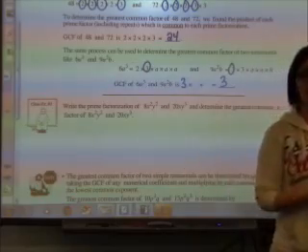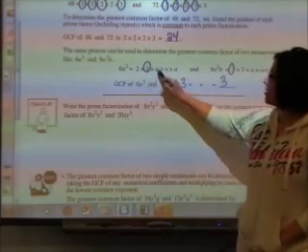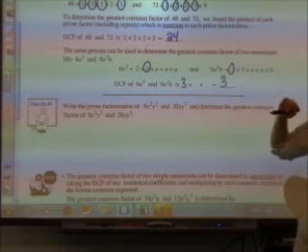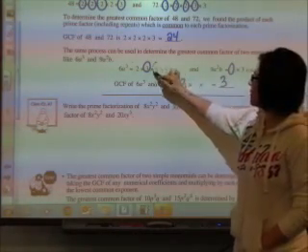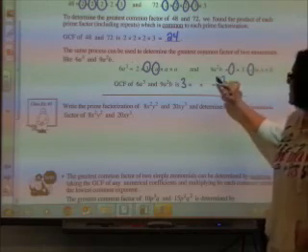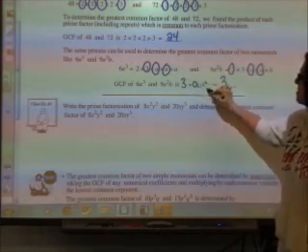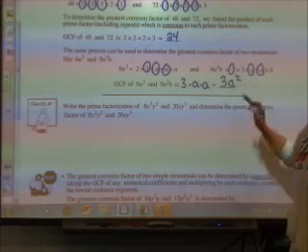Then I look at the letters. A cubed is a times a squared, a times a, and b. So when I look at what they have in common for letters, they have an a, and they have another a, which would give me an a squared.